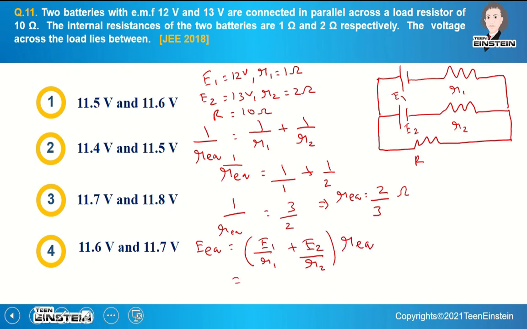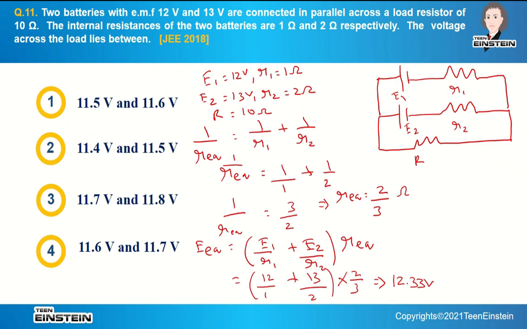Okay, E1 is 12 divided by R1 which is 1, plus E2 which is 13 divided by R2 which is 2, into 2 by 3. If you solve this, you will get 12.33 volt. Okay, so you have got the E equivalent.